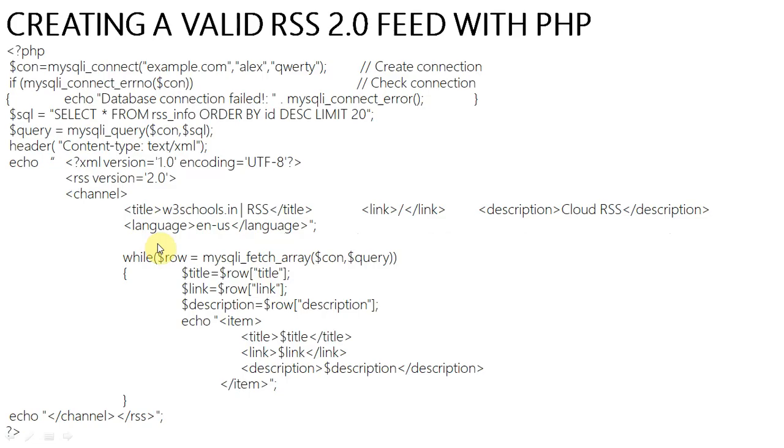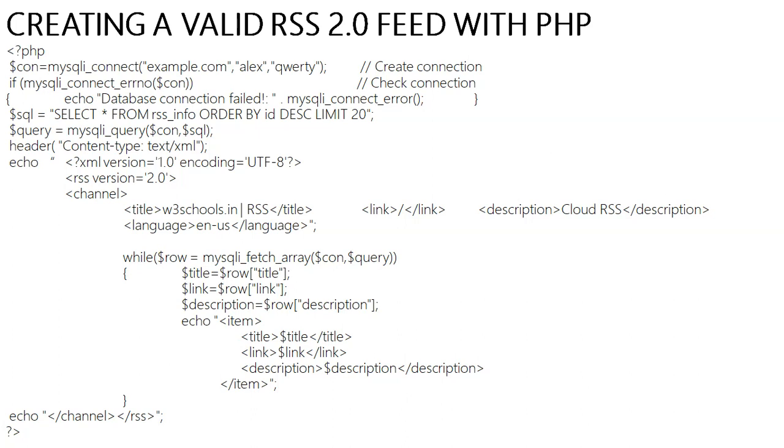And now we have this PHP database connectivity program, and in this program we are collecting data from the database. First of all, to collect data we need a database connection. You can see here the first statement: mysqli_connect, then example.com, username and password.